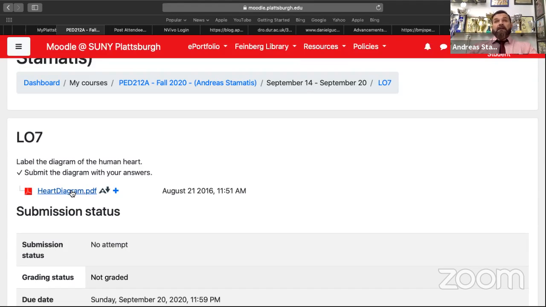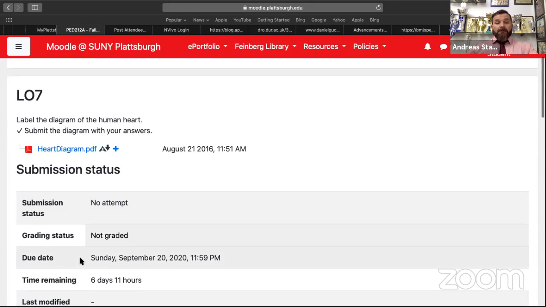You can just take a Word document and write 1, 2, 3, 4. It's just the heart, and I want you to identify those different sides and parts of the heart and just let me know. Everything is in our textbook. That's LO7, due on Sunday at midnight.